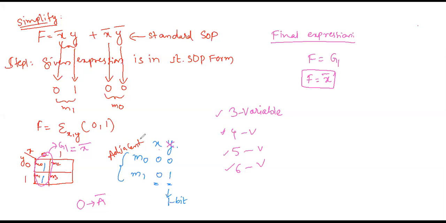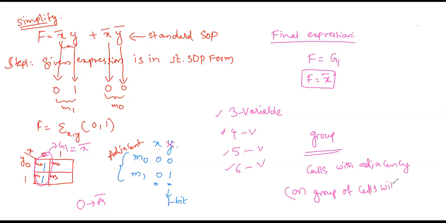Okay, we need to group minterms, cells with adjacency, or groups of cells with adjacency. Till now we are going the smooth way, only cells with adjacency, single cells with adjacency, we are forming the group, and groups of cells with adjacency.